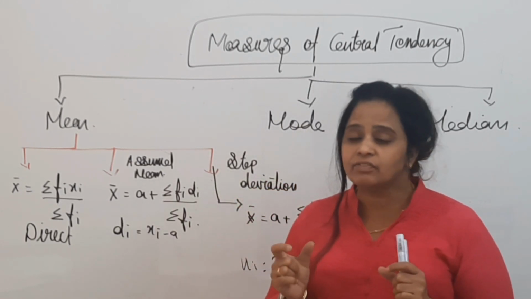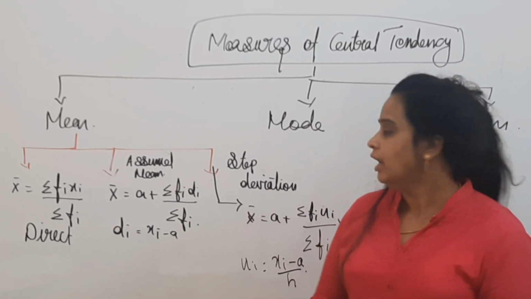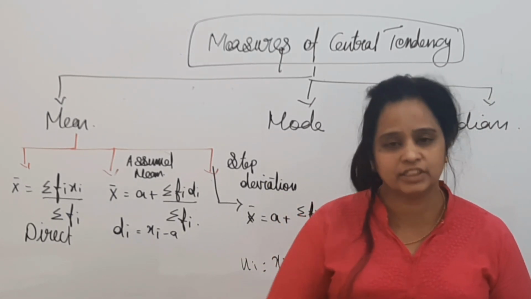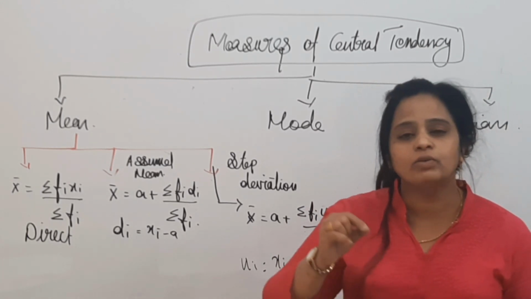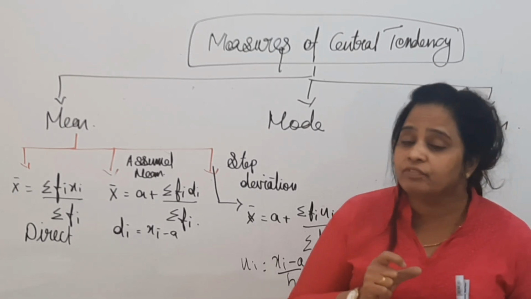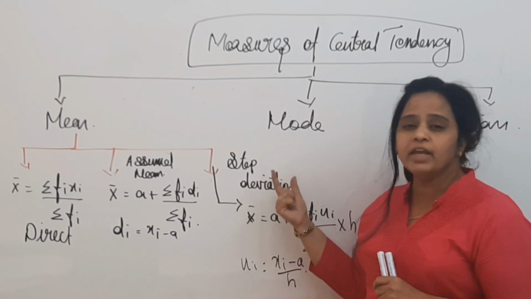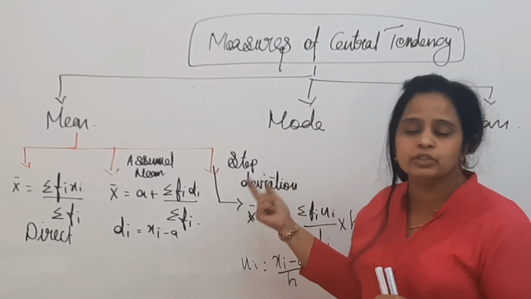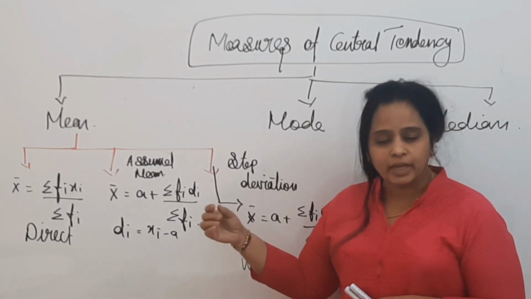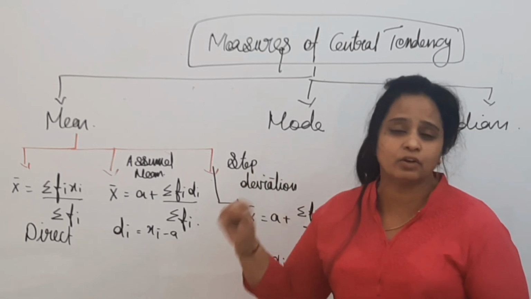Now for the step deviation method, if the class interval is a 4-digit number, that means 1000 to 2000, 2000 to 3000, 3000 to 4000, then it is always recommended to use the step deviation method. You can use any method unless otherwise mentioned in the question.